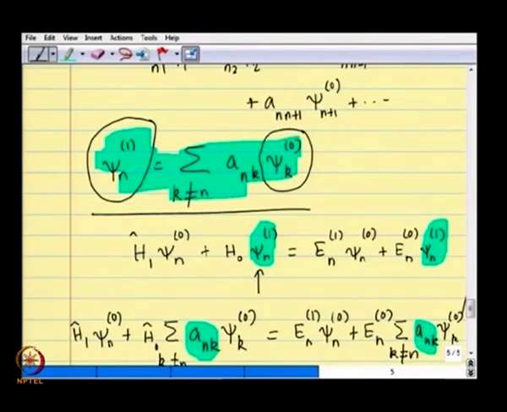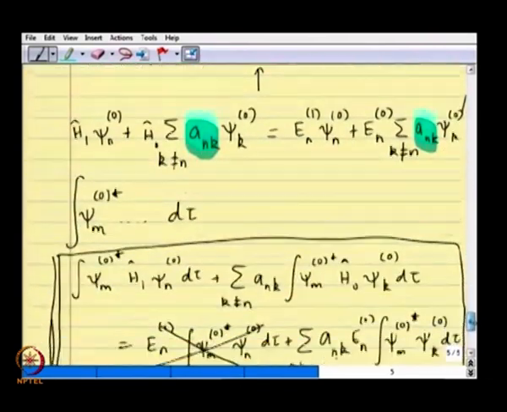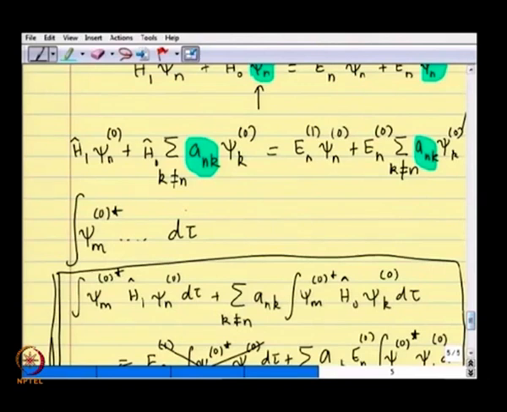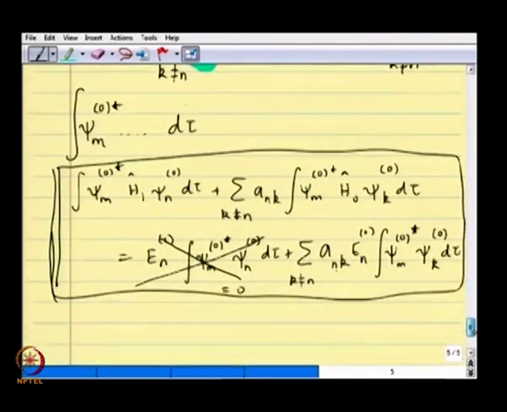Okay. This was substituted in the equation for psi n1, and then what we did was to multiply that equation by psi m0 star and integrate both the left hand side and right hand side over all the coordinates to obtain this final equation.